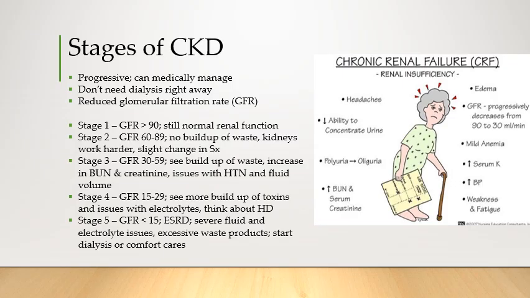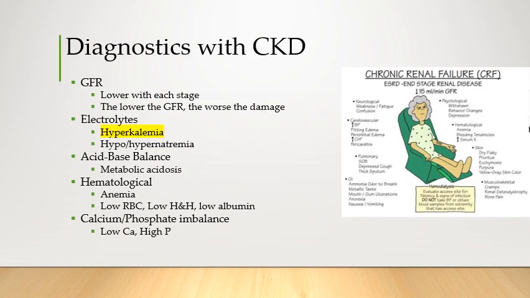The different stages of chronic kidney disease are here for you to read. These have not changed since you started MedSurg 1. So let's talk about diagnostic tests with chronic kidney disease, okay? There we go. Potassium again. If the kidneys can't filter out the potassium, they're going to be at a risk for heart issues.